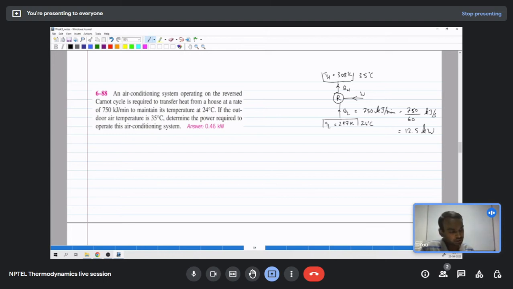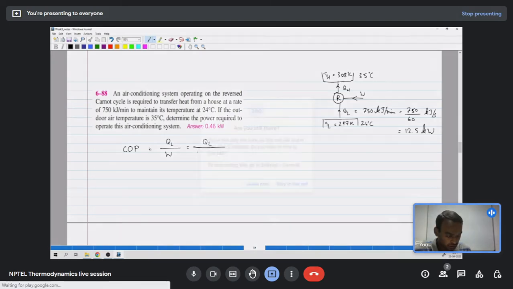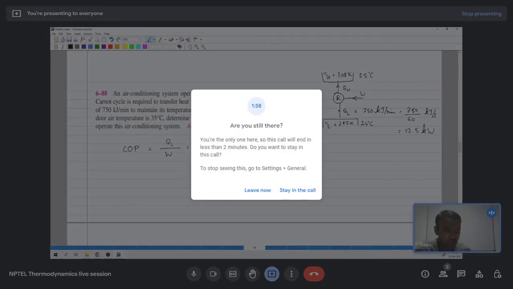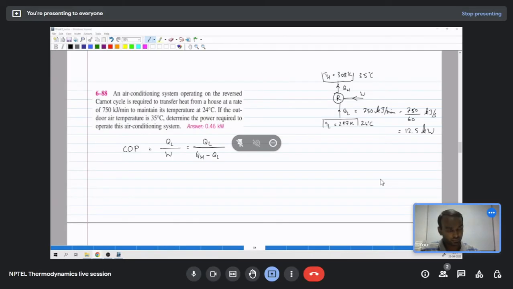Now we need to calculate the work input. So I will make use of the COP formula. COP is QL by W, which is desired output by work input. So W can be rewritten as QH minus QL. So writing in terms of temperature, we have TL by TH minus TL.